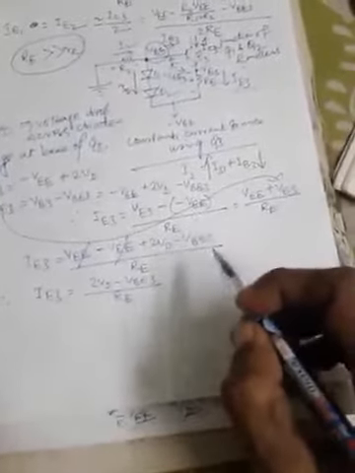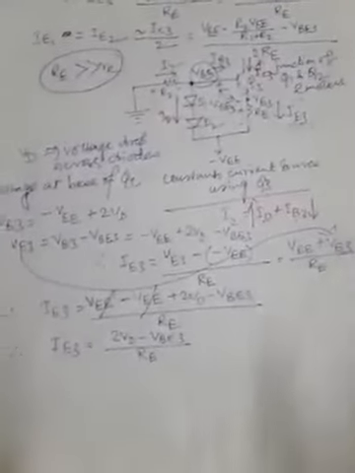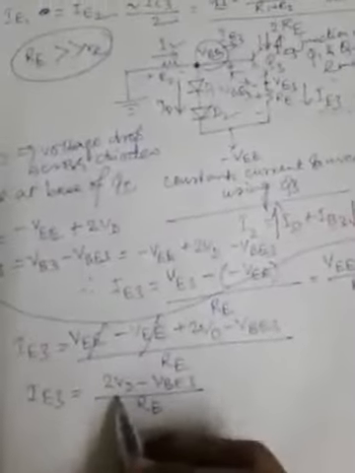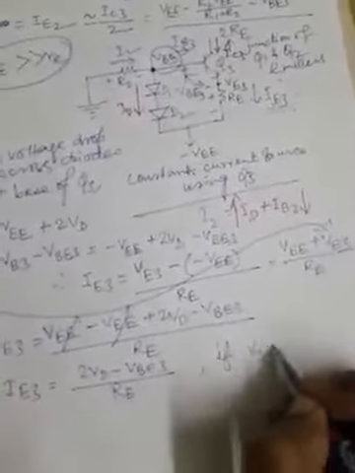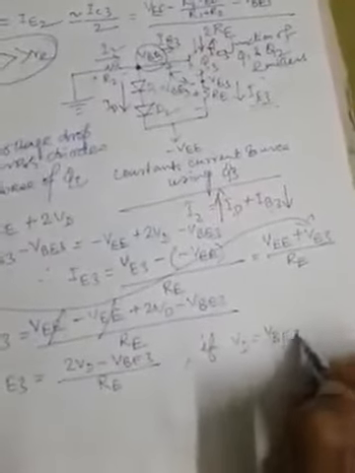Now assuming that the transistor Q3 has the same characteristics as diodes D1 and D2, that means its VBE should be constant or should be the same for both. So if the diode drop or the barrier potential drop VD is equal to VBE3, these diodes have the same property as the base emitter junction diode of this transistor. So in that case we can say that VD is equal to VBE3.